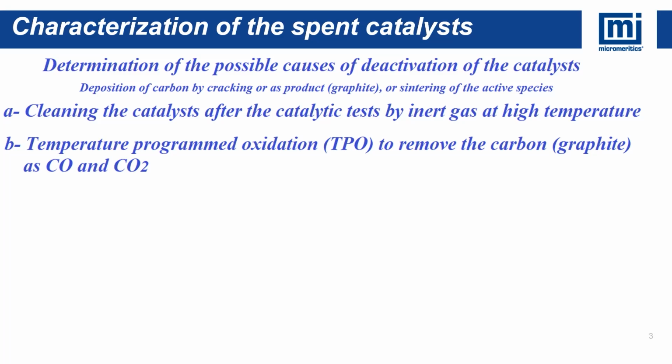We know graphite is a material which cannot be oxidized at low temperature, so we went to very high temperature, and also we suppose that the nickel catalyst is going to promote the oxidation of the graphite to CO and CO2.